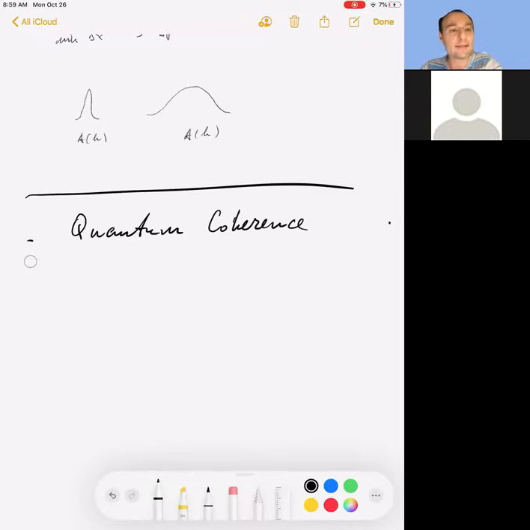There are some exotic examples where that coherence is not lost. One of them is superconductivity. Generally, electrons move through a solid incoherently. The wave function of one electron is one thing, and the wave function of another electron is its own thing. They're not in sync. Their waves are not in sync.